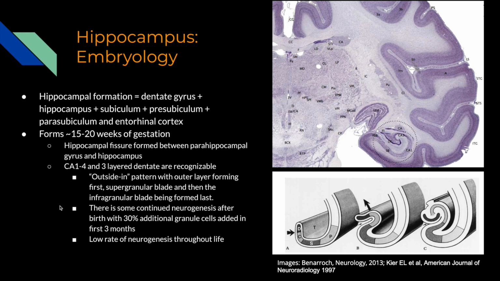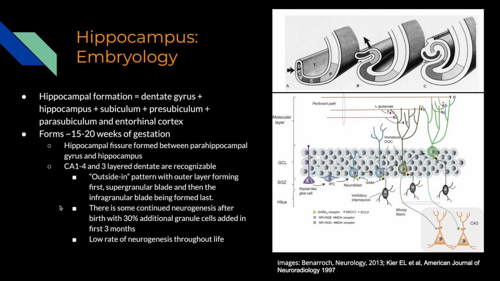It seems that there's about a 30% increase in the first 3 months, and then it becomes a lower rate throughout life. That's somewhat controversial, but a very exciting area of research in the neural stem cell field.